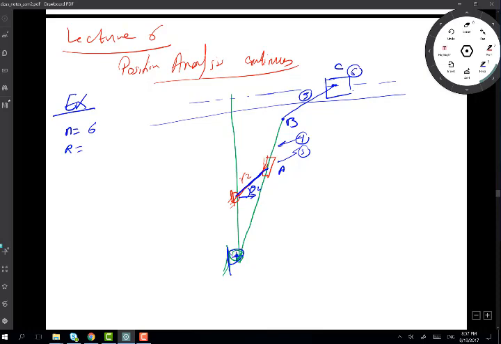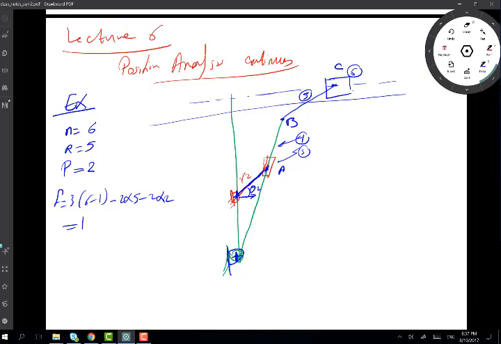We have the revolute joint at the pivot of the crank, and B4, C5, and B5, so that's 5 revolute joints, and 2 prismatic joints, one at A and one at C. So degrees of freedom is 3 times (6 minus 1), minus 2 times 5, minus 2 times 2, which gives me 1. So I do have 1 degree of freedom.